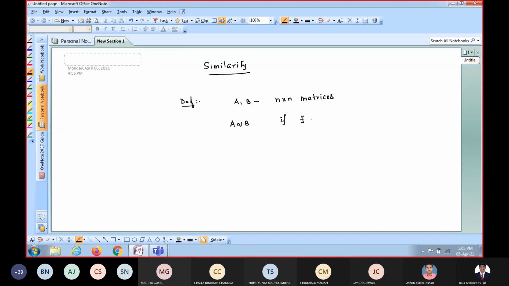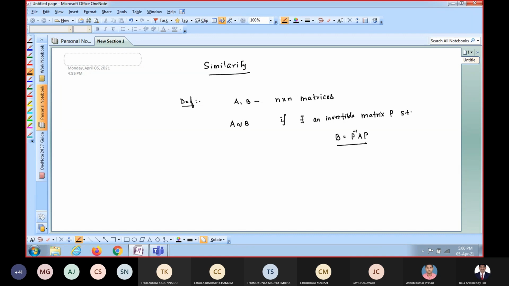there exists an invertible matrix P such that B is equal to P inverse A P, right? So we say that A is similar to B if B and A are connected by this relation.